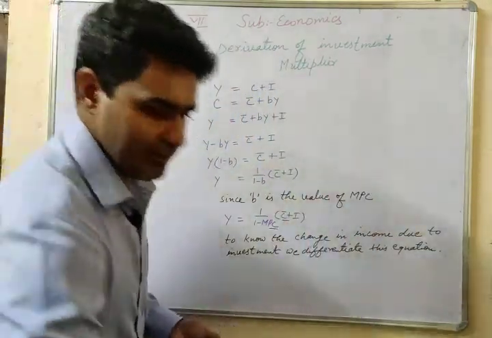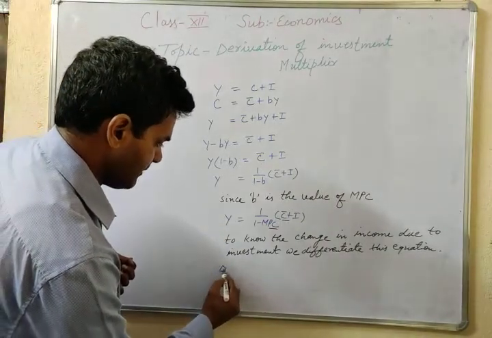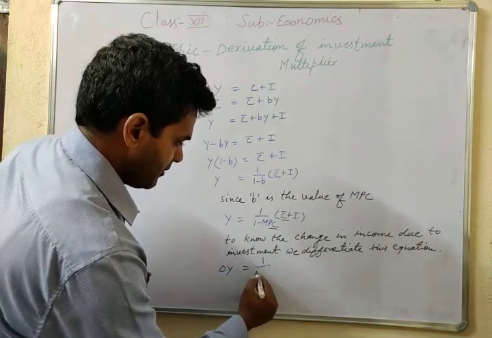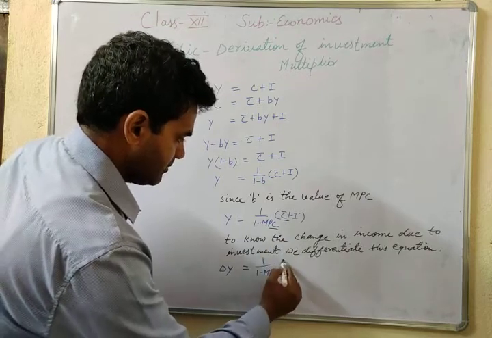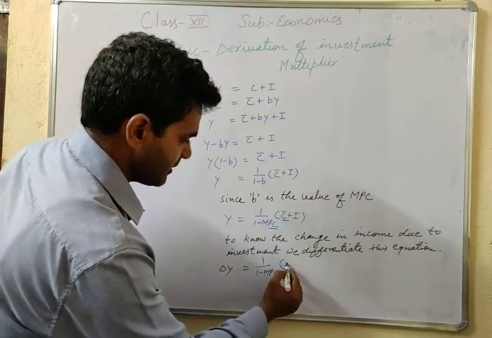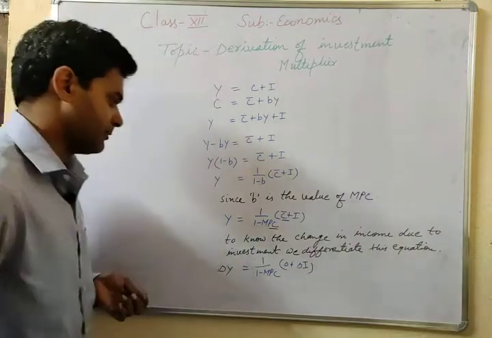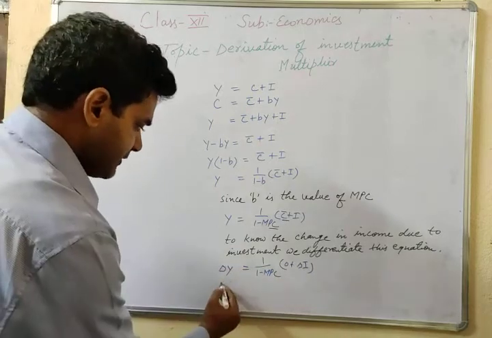So after the differentiation, delta Y is equal to 1 upon 1 minus MPC, this is constant, it becomes 0, plus delta I. Now we take this delta I to the left hand side.